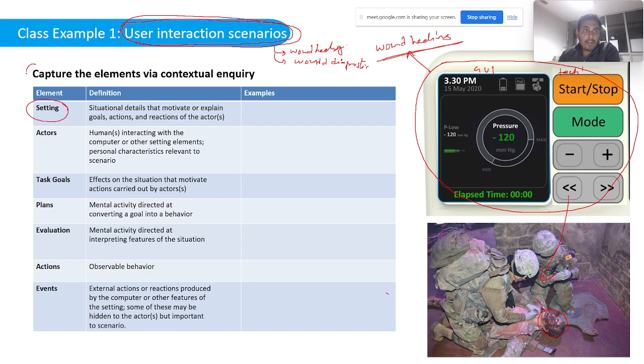You need to understand what elements you need to capture. So how do you define the setting? You can use the chat box, or you can directly interact with me over microphone.